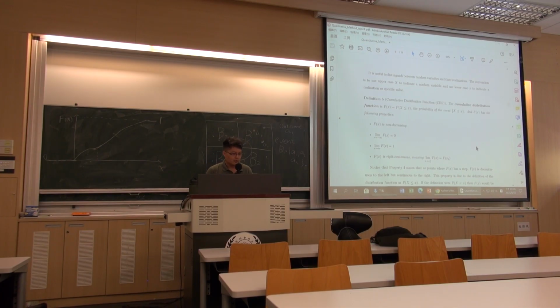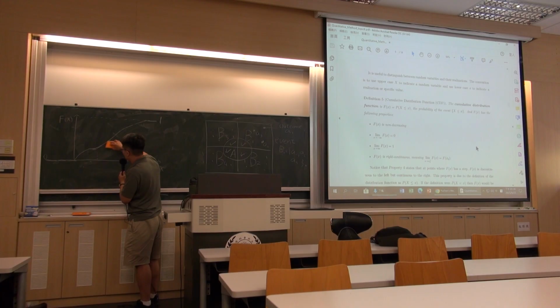The final bullet point is right continuous. What does that mean? It means it could have some jump, let's say here at x naught.